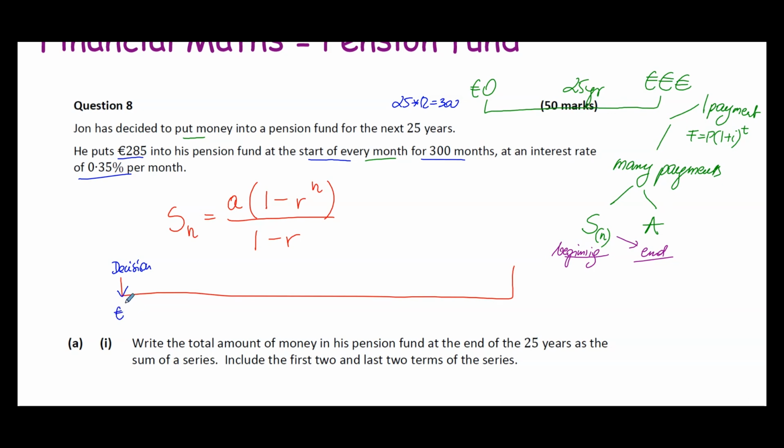That money is going to be working for him for all of 300 months, isn't it? That's the way I'm looking at it. The first term that we're going to consider will be there for 300 months. And then the last one: the last payment, because it is at the beginning of the month, will be there for 1 month.